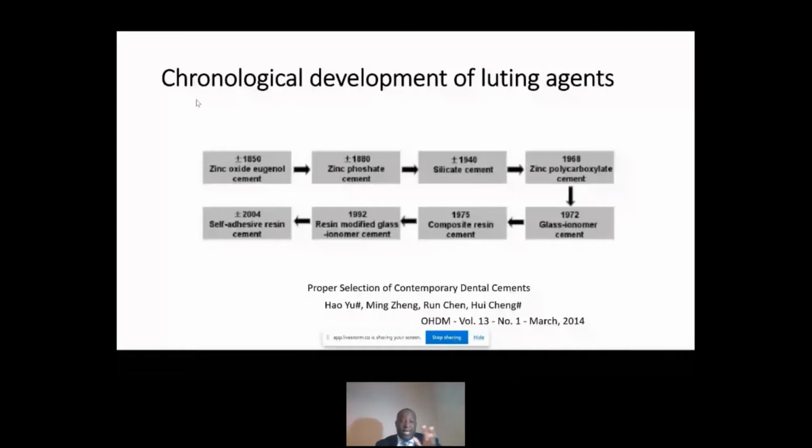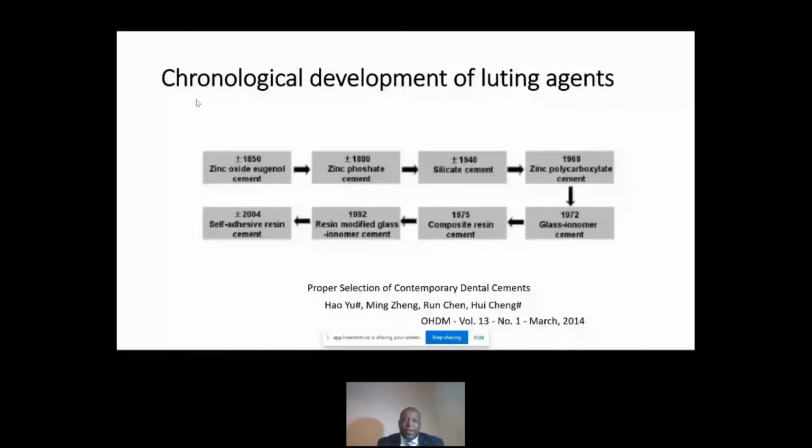And then we can see from 1880 all the way up to 2014, the development. Zinc polycarboxylate and glass ionomer cements were developed and used from 1972. And then the latest iteration of cements is the self-adhesive resin cements.